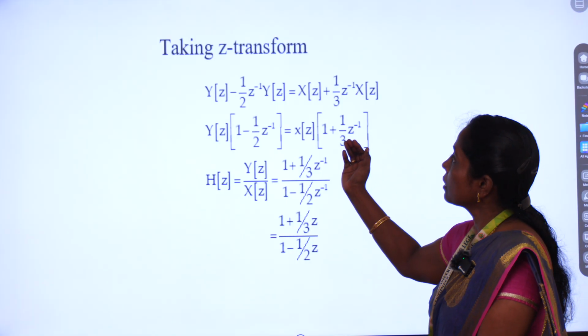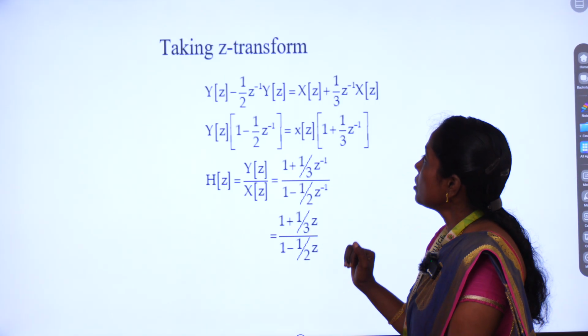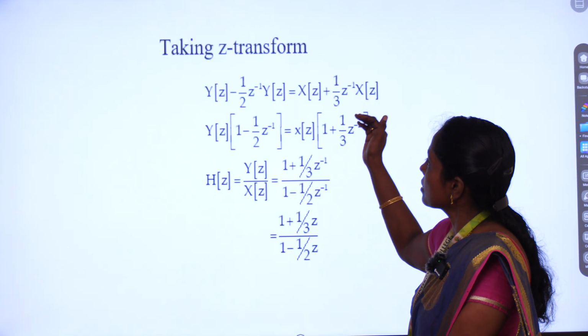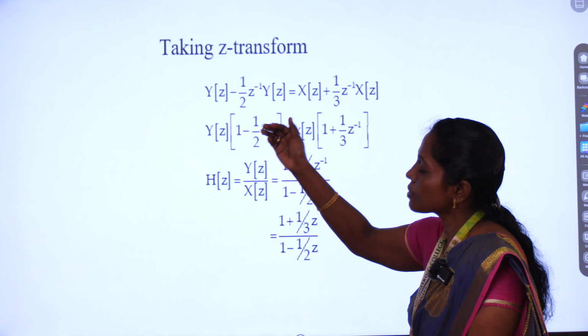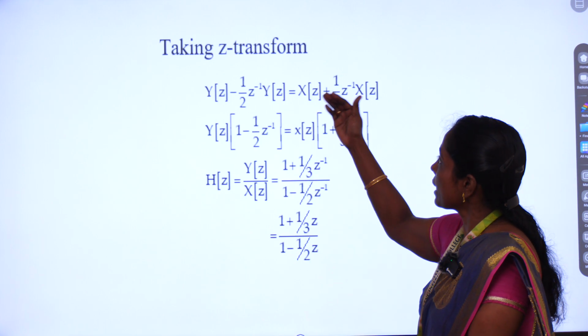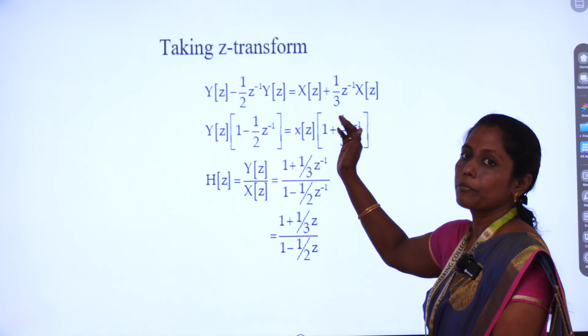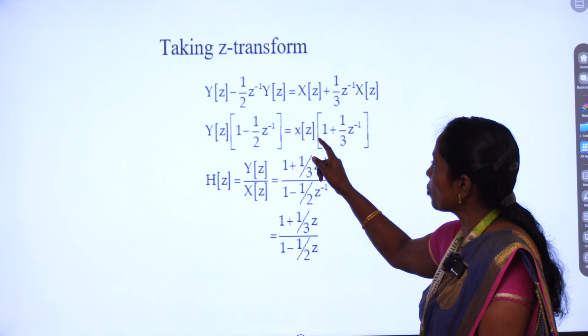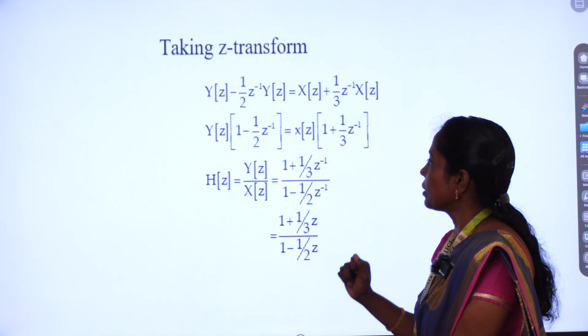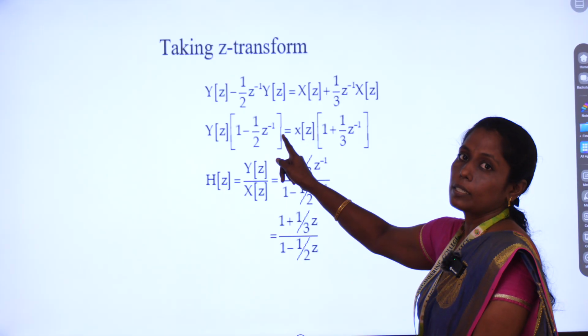After taking Y of z and X of z common from these terms, let us bring the X of z term to the other side of the equation. So let us cross multiply these terms.